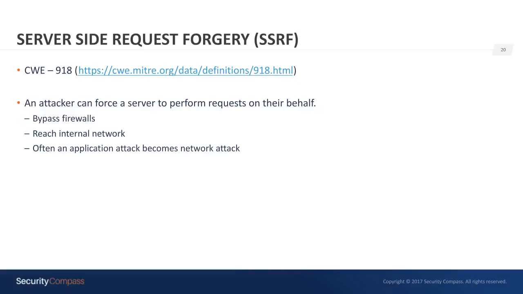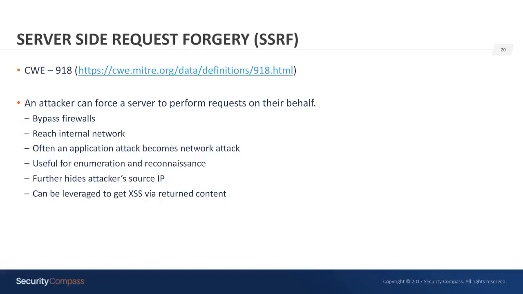Often an application attack becomes some sort of network attack. It's very useful when you want to do enumeration and reconnaissance in network testing or attacks. And as an attacker, I can hide my source IP. It can even be leveraged to get some sort of cross-site scripting via whatever content gets returned. And it's often used to bypass what's known as same origin policy.